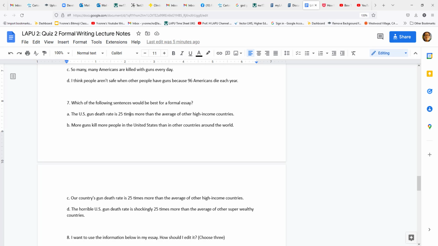So the real answer is the U.S. gun death rate is 25 times more than the average of other high-income countries. Although I would also say according to such and such a website. But out of these four choices, I could still improve this one, but that's beside the point. Out of these four choices, A is the best, okay? A is the best one.